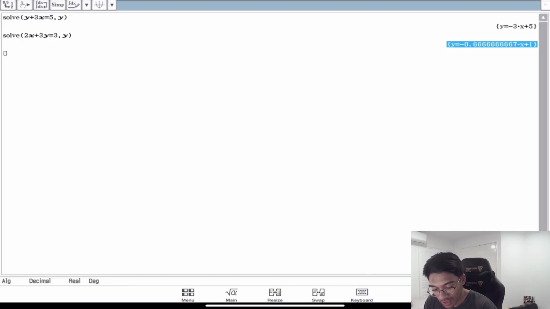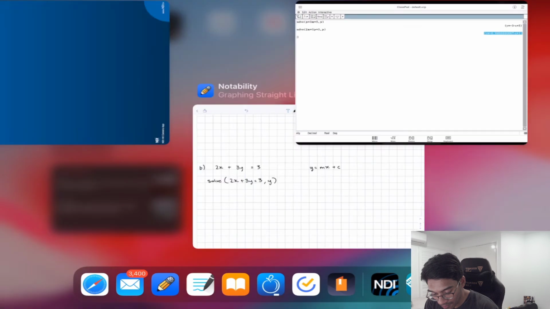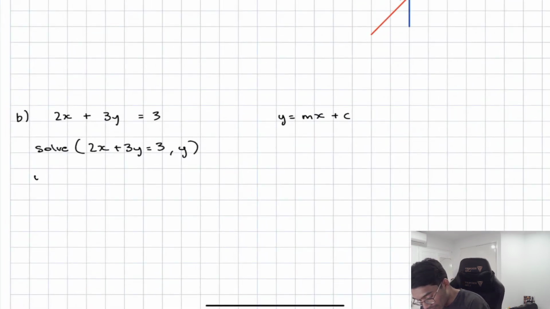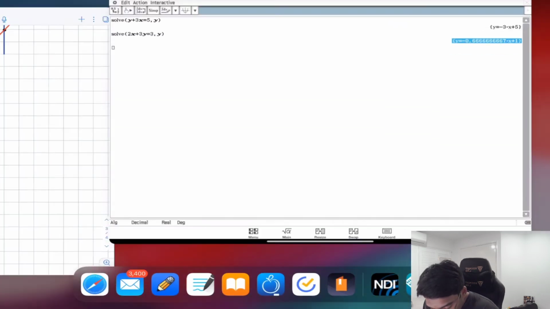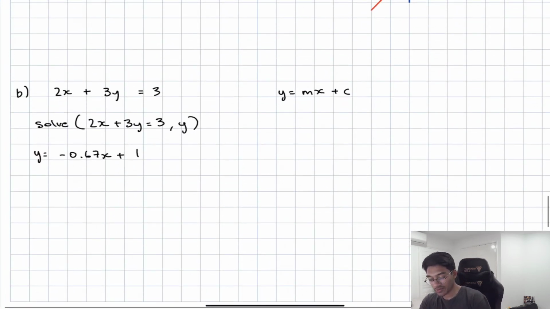So y is equal to negative 0.67x plus 1, because I'm going to round it. I'm going to copy that. Now I've got my equation of a straight line.